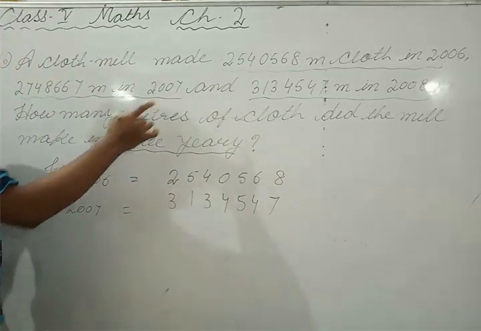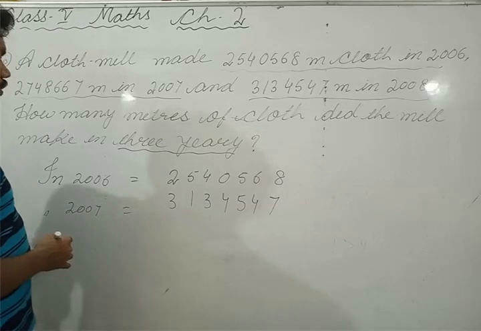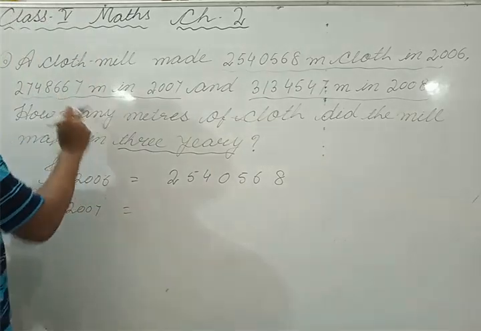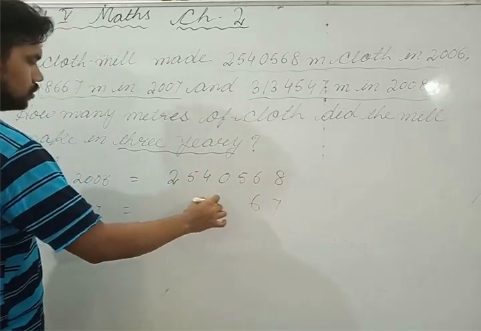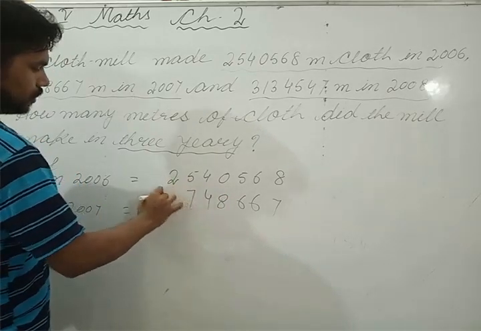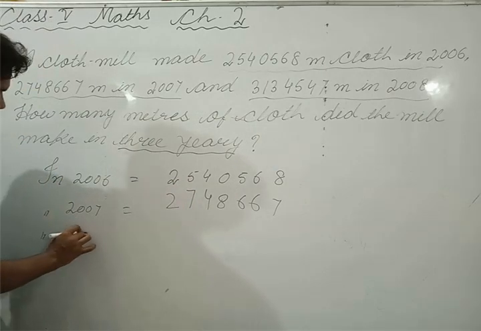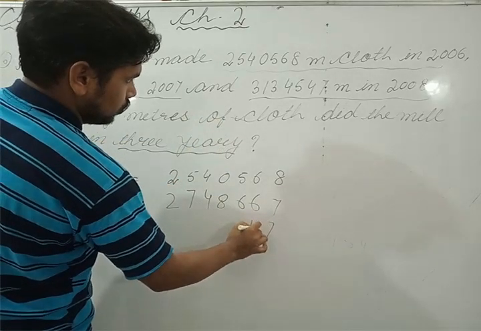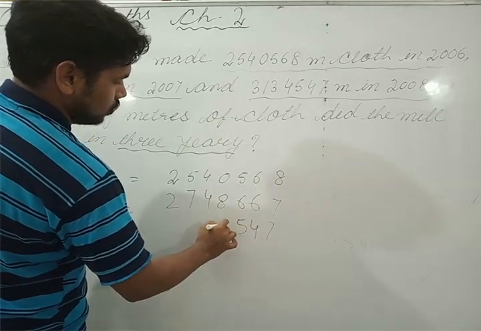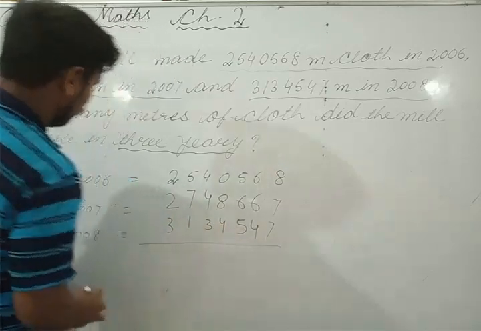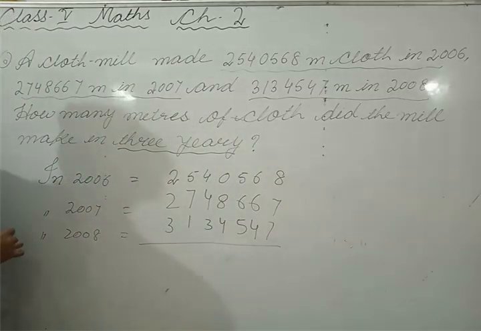And this is of 2008. So 2007 is this one: 7 6 6 8 4 7 2. So next in 2008, so 7 4 5 4 3 1 3. So now you have to find the total production. So how many meters of cloth did the mill make in 3 years?